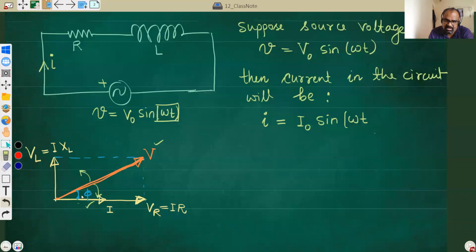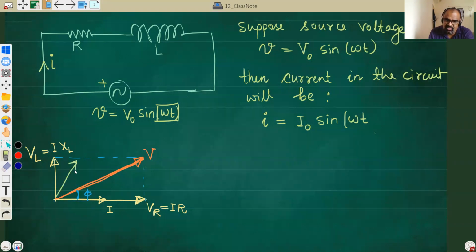Anti-clockwise angle is taken positive, and this direction angle is taken negative only. So relative to this voltage, is current lagging or leading? Relative to this voltage, current is lagging.